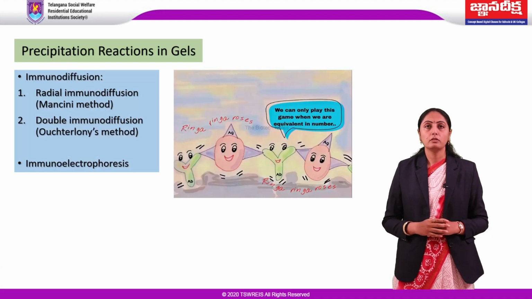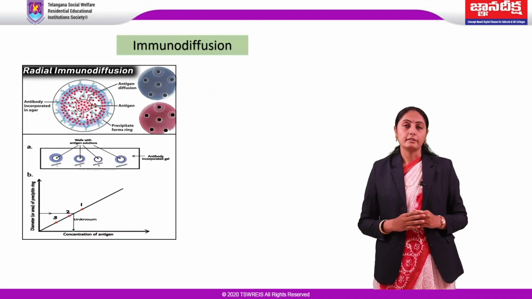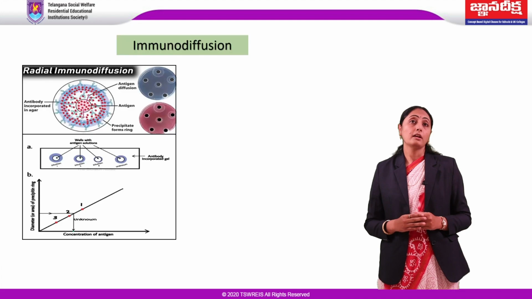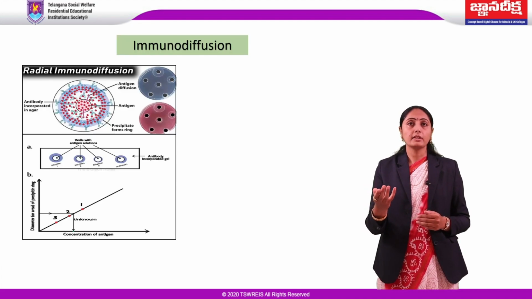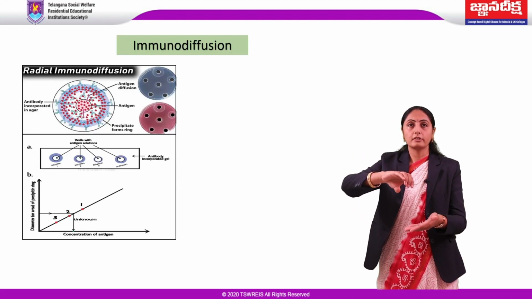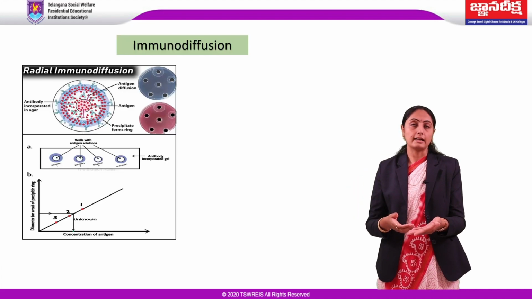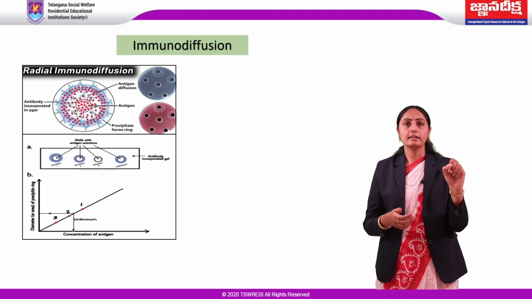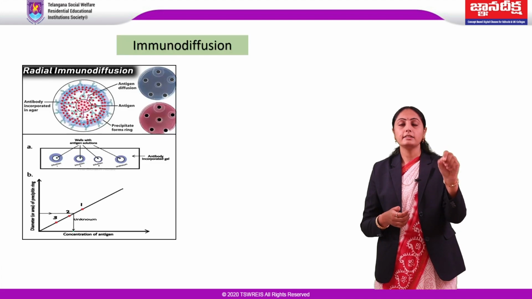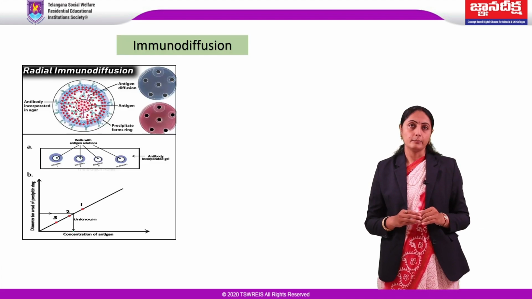Coming to radial immunodiffusion, it is a quantitative technique where agar containing specific antibodies is poured onto a petri dish or glass slide. Wells are then created in which antigen solution is added.